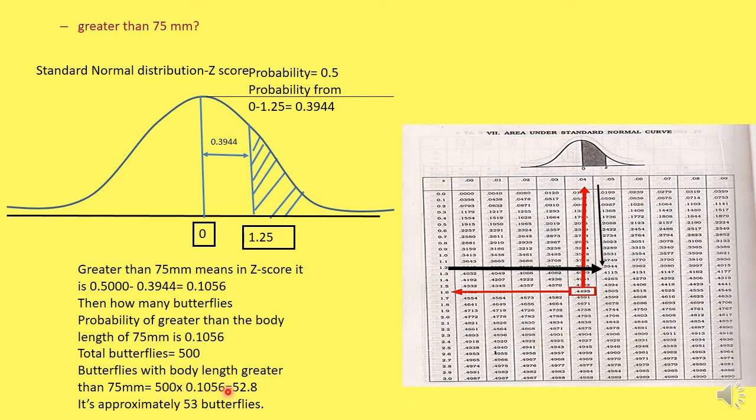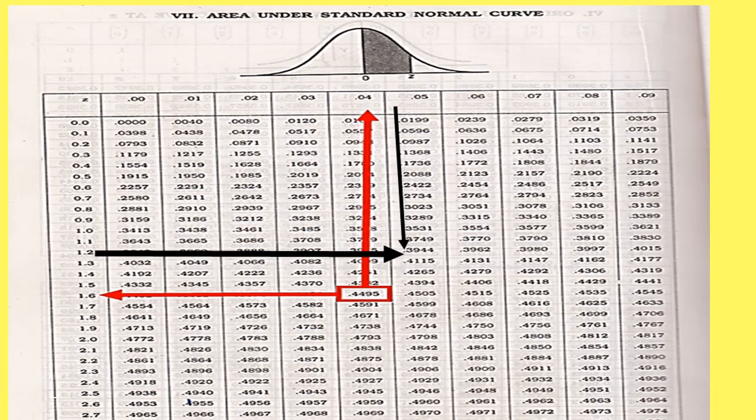If you multiply 500 by 0.1056, you get 52.8, approximately 53 butterflies. Therefore there are about 53 butterflies whose body length is greater than 75 millimeter.